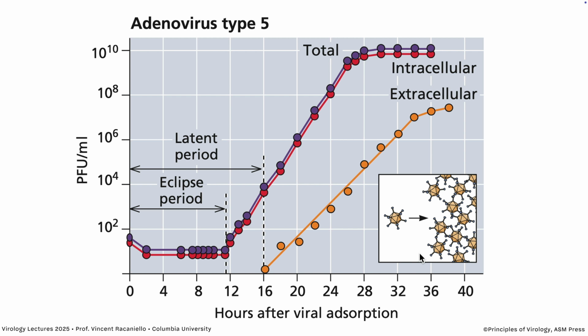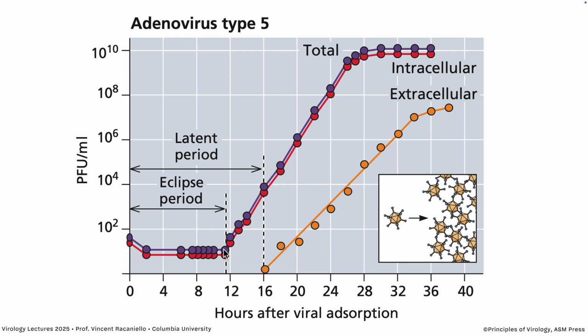You can do these with animal cells and their viruses as well. Here's an example with adenovirus, a large DNA virus. Again, PFU per mil on the y-axis, hours after adsorption on the x-axis. We have an eclipse period again, as usual. And here you can see it takes 12 hours before you start to detect viruses in the cells.